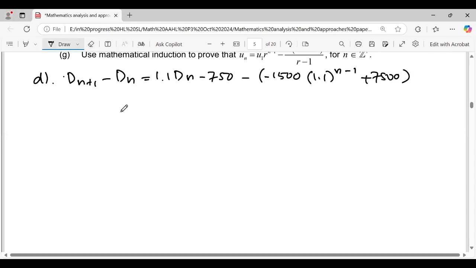So it becomes 1.1 Tn minus 750 plus 1,500 times 1.1 to the power n minus 1, minus 7,500.